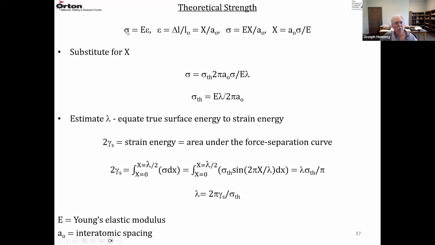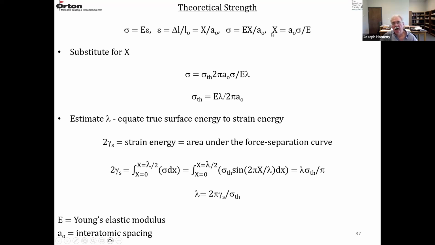So we've determined that the stress equals the modulus times the strain, where we have brittle materials, and the strain is just delta L over L0. And in our case, it's x over A0. And then putting the strain into this equation for stress, sigma equals E x over A0.